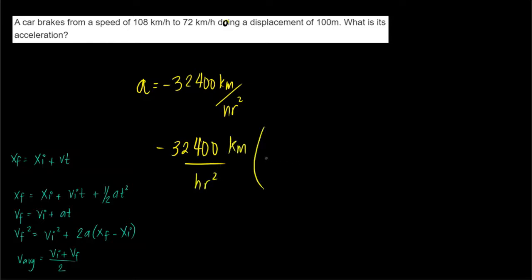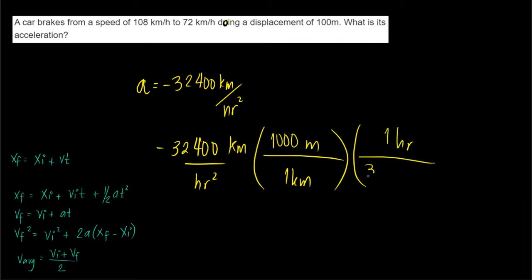We can convert this: 1 kilometer is 1,000 meters. Next, 1 hour is 3,600 seconds, but since it is squared, you square it as well. The kilometers cancel, and the hours cancel.